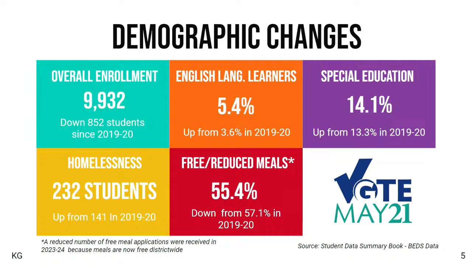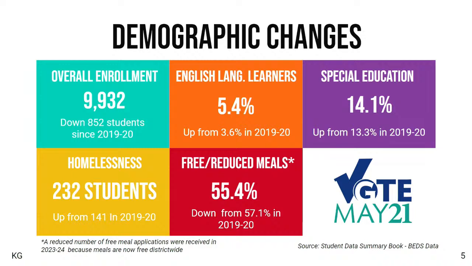Special education classification rates are rising, up from 13.3% to 14.1%. Our number of homeless students has gone up from 141 to 232. And then this next piece, free and reduced, has actually declined a little bit, from 57.1% to 55%.